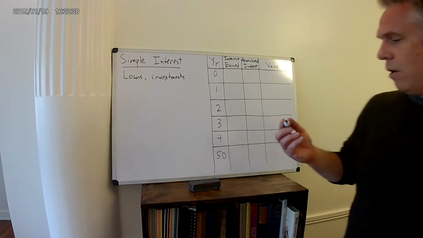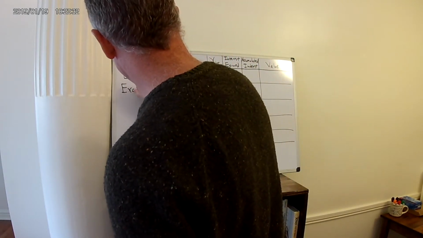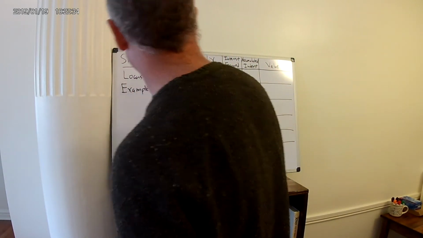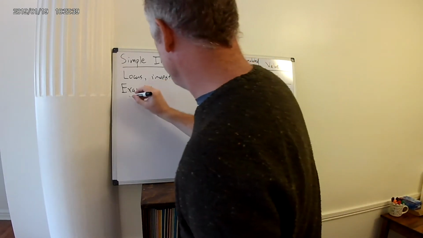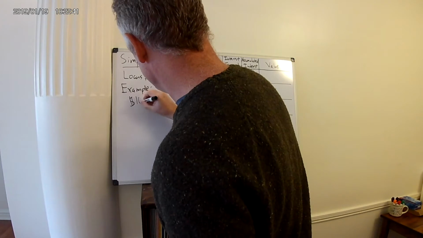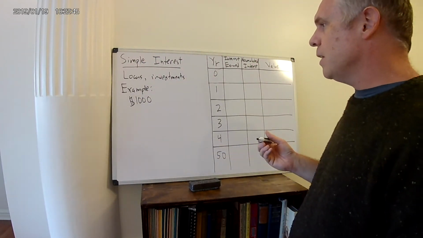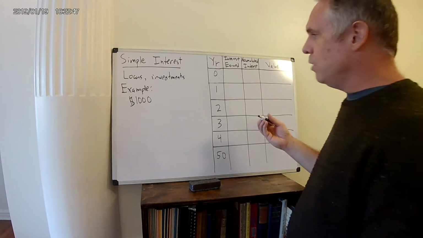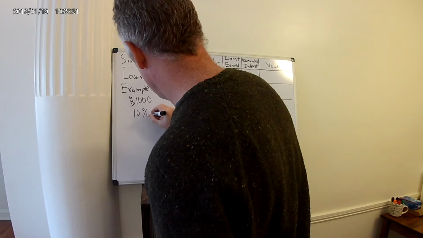So what I want to do here is I want to consider an example. We're going to consider a very, pardon the pun, simple example of a simple interest investment. And what we're going to have here is suppose we're investing $1,000 into an account. And this account will be earning an interest rate of 10% every year.